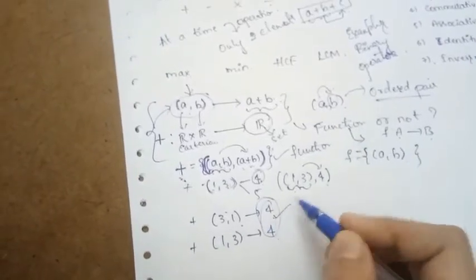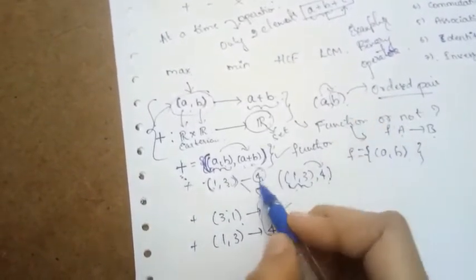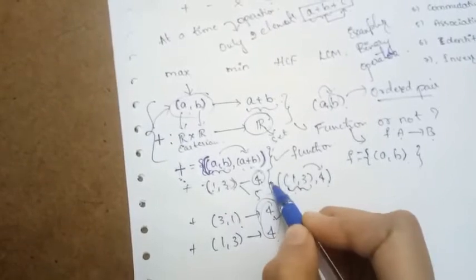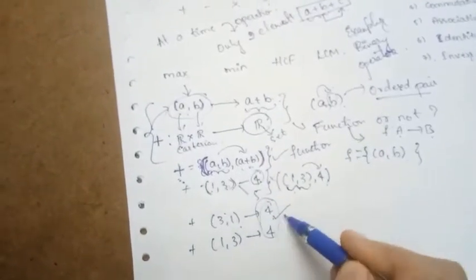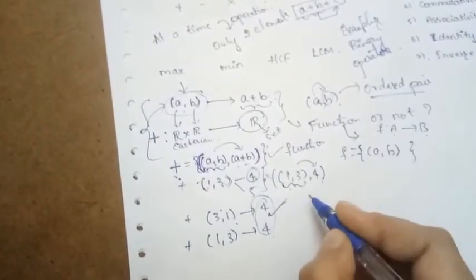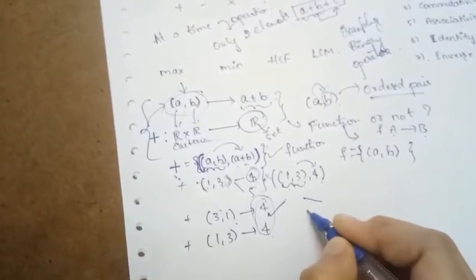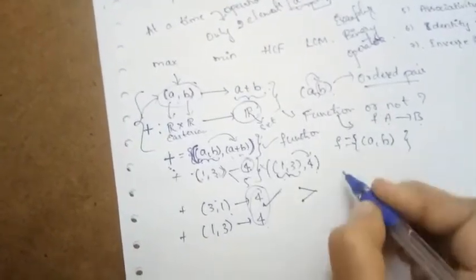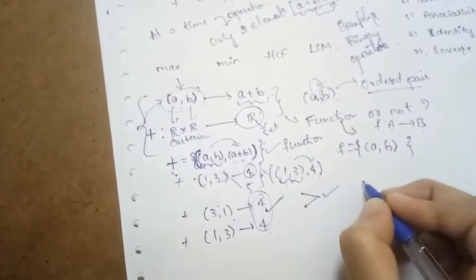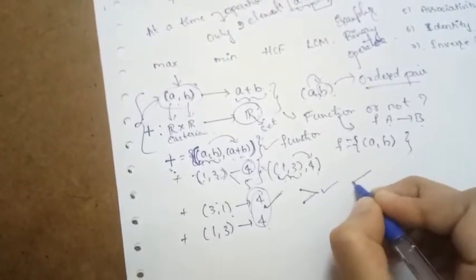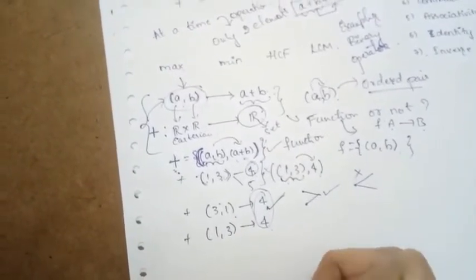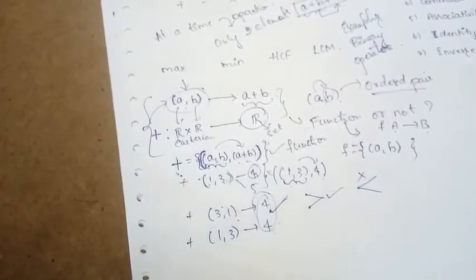So it is a function. If it were possible to have two images, then it would not be a function. So this is what it is saying here.